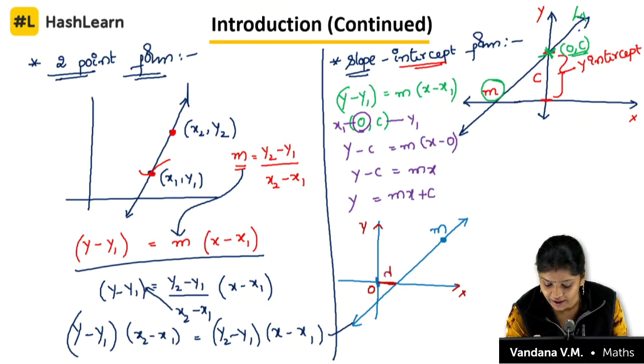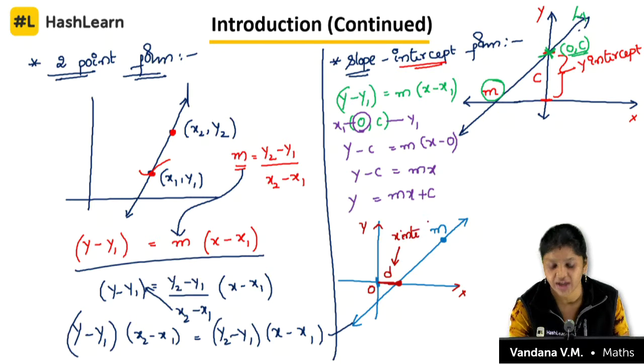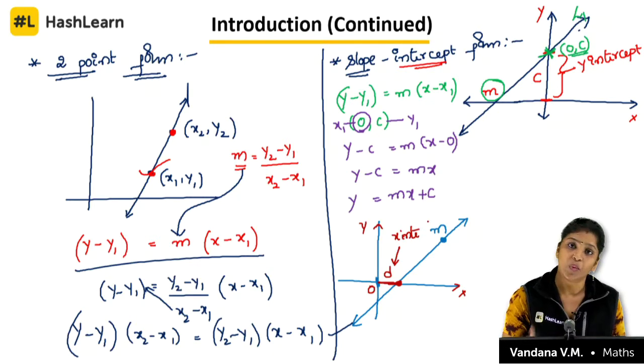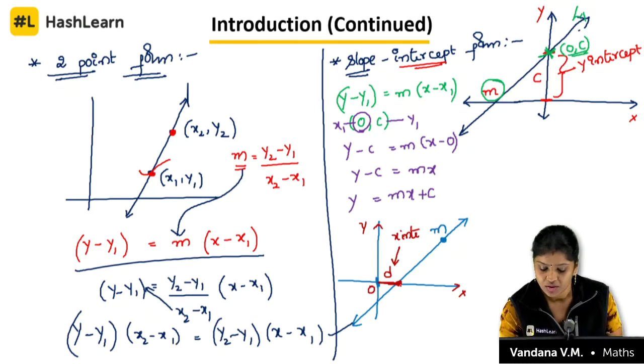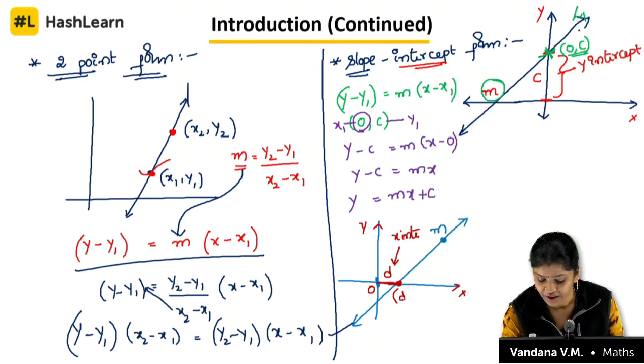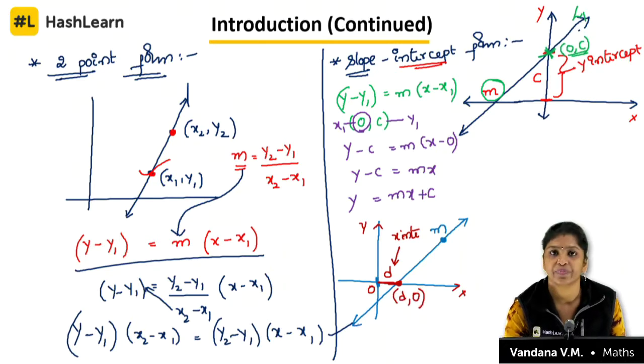Let me take d. So, this point, d is called x-intercept. Only one intercept they have to keep. Both intercepts is giving the next format, okay. So, how to write this point, children? This is on the x-axis. So, how to write this? This is d comma 0.